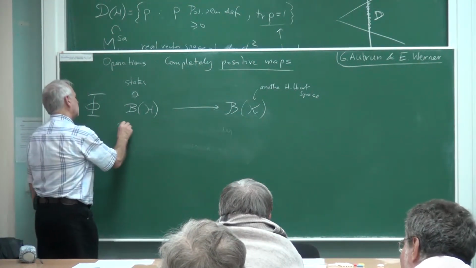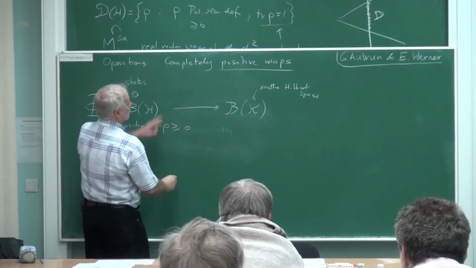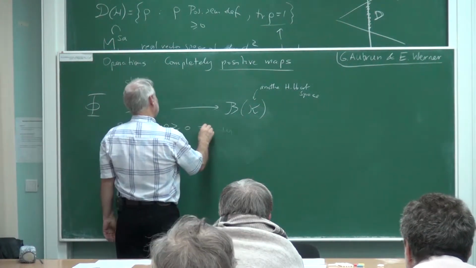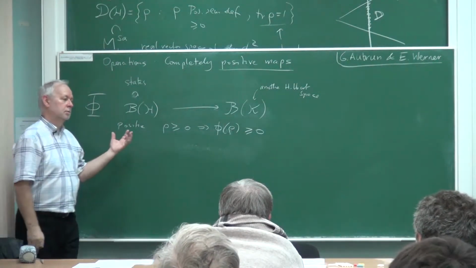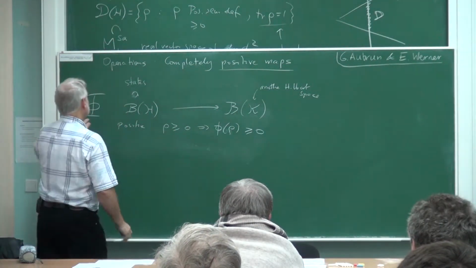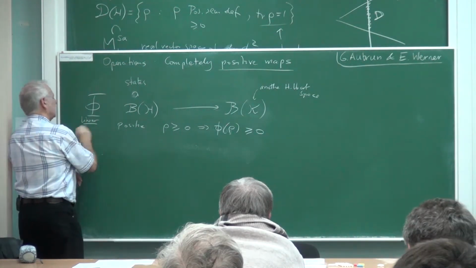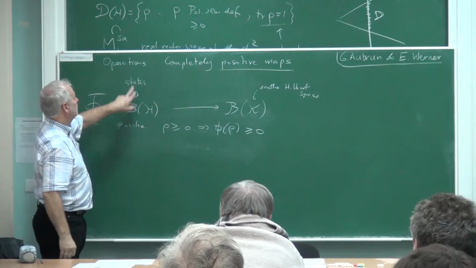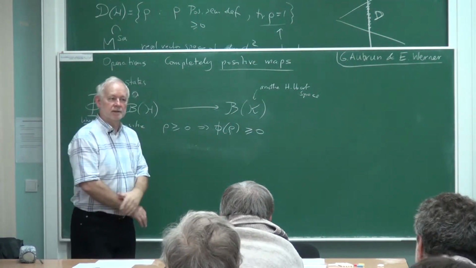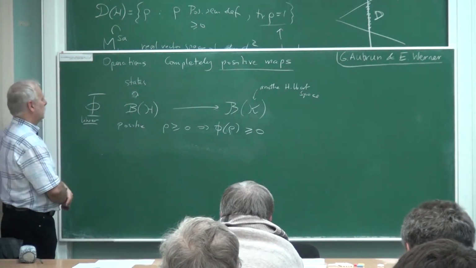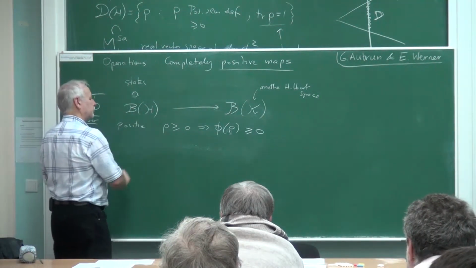So positive means that rho greater or equal than 0, in the sense of being positive semi-definite, implies that phi of rho is greater or equal than 0. So that's what a positive map is. Phi is linear. It naturally acts on self-adjoint operators, but then automatically extends to a map on the entire space of operators. That's not an issue at all.